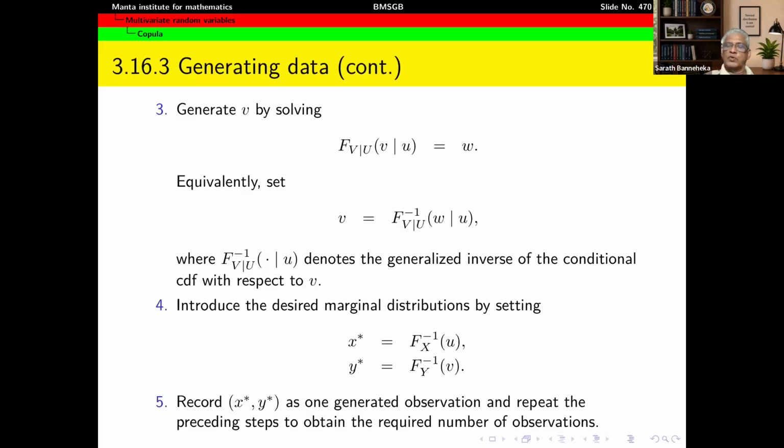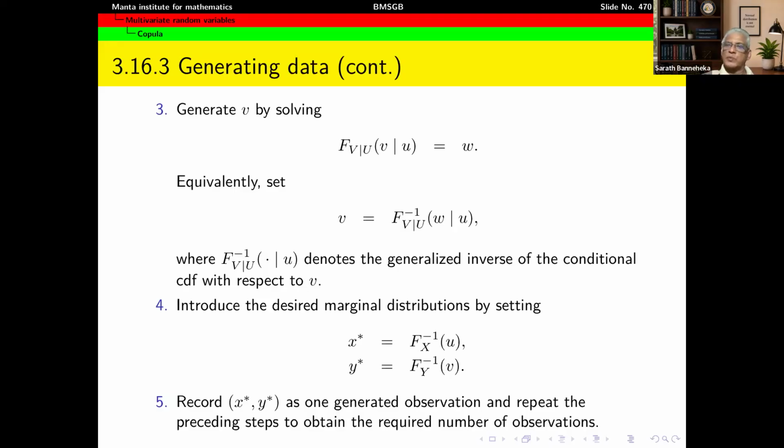Therefore, X star values will have exactly the marginal that we want, and Y star values will have exactly the marginal we want, but the joint distribution of X star and Y star will not be equal to the actual joint distribution of X and Y. Nevertheless, the dependence structure between X star and Y star will be approximately equal to the dependence structure between X and Y.